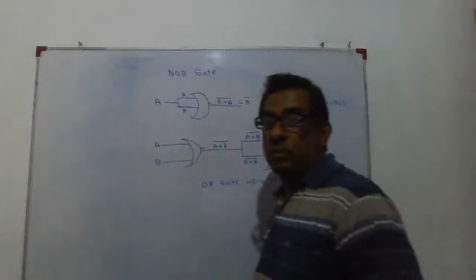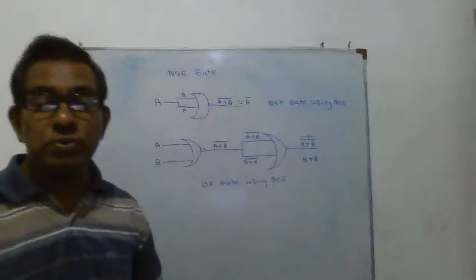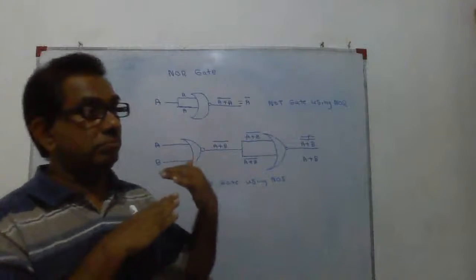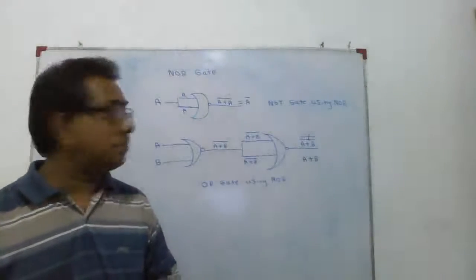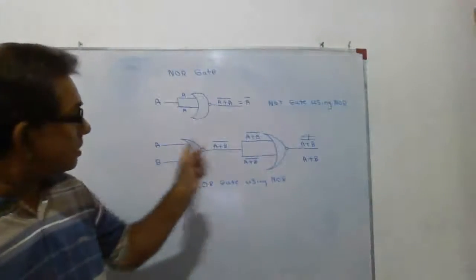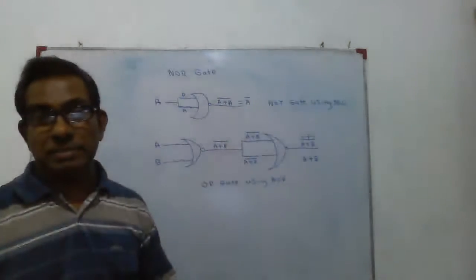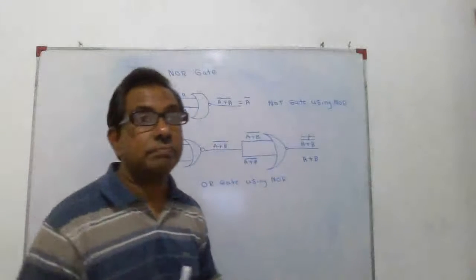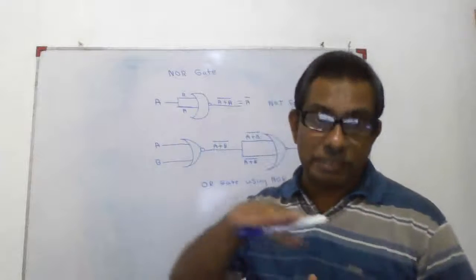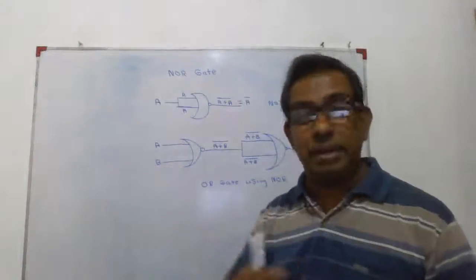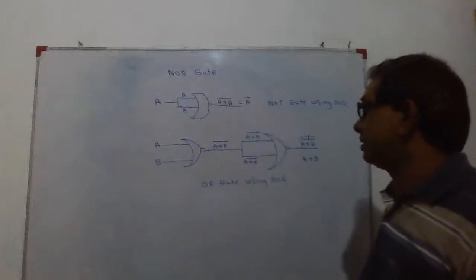This is the idea. So universal gates can be used to represent basic Boolean expressions by using these combinations. So any basic Boolean expression can be created with NAND or NOR gates.